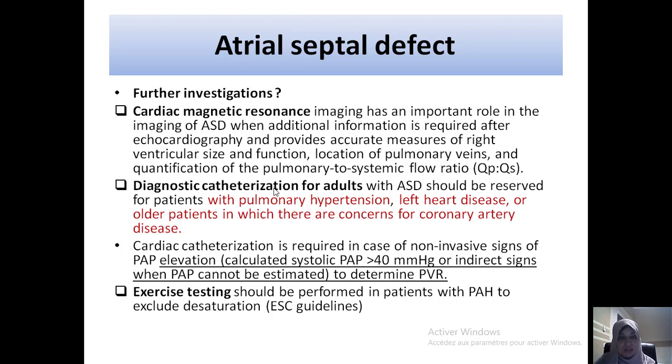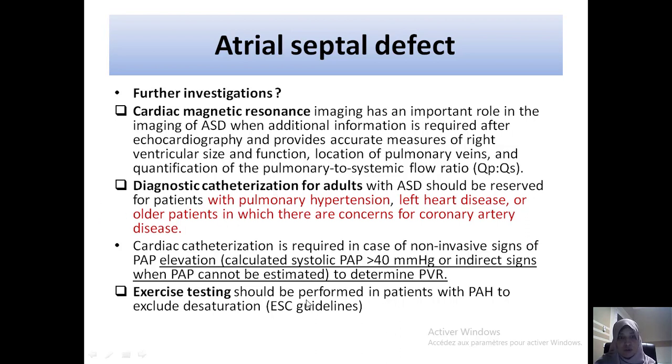In fact, cardiac catheterization is required in case of non-invasive signs of pulmonary arterial pressure elevation, calculated as a systolic pulmonary arterial pressure more than 40 mm, or indirect signs. This is mandatory to determine the pulmonary vascular resistance.